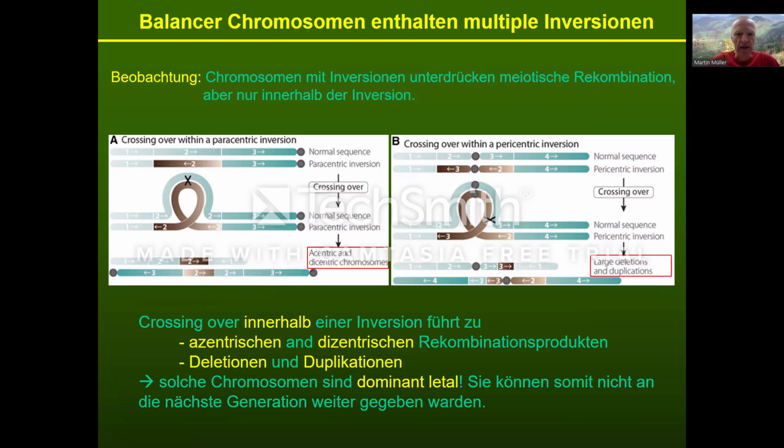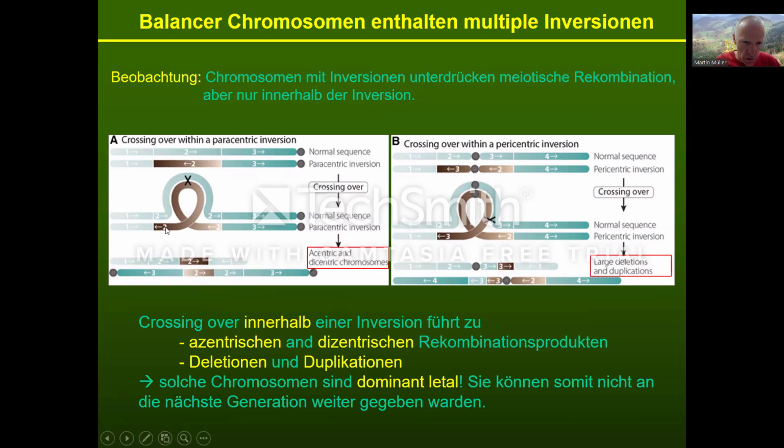Here is a short explanation how these inversions suppress it. So here we have two chromosomes. One contains an inversion, the other not. And now we have here a recombination event within the inversion.